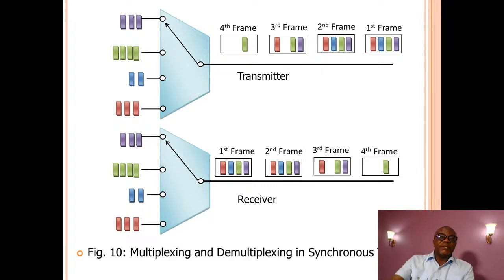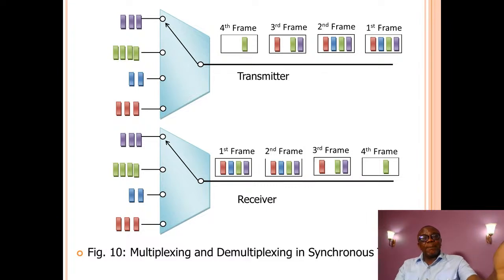It goes again, samples, it sees one purple, one green, but there is no blue. It still leaves that space for the blue. And he goes again, he now sees another brown, he puts it and sends as frame 3.